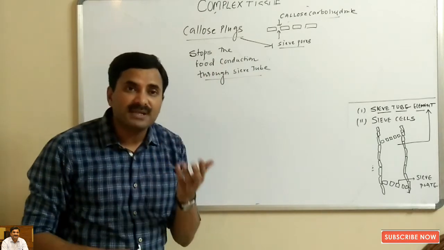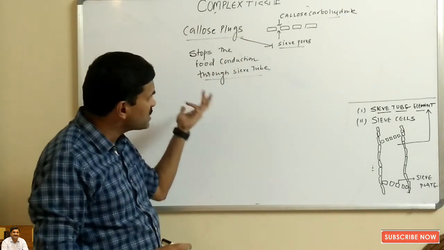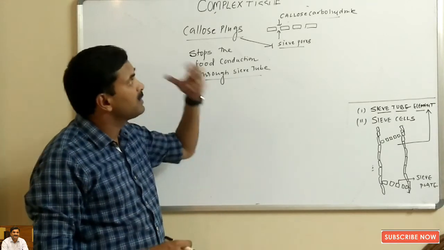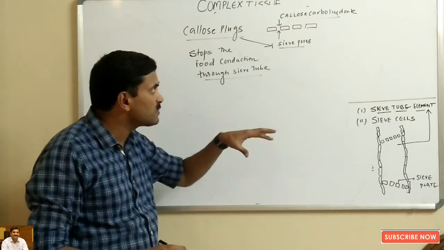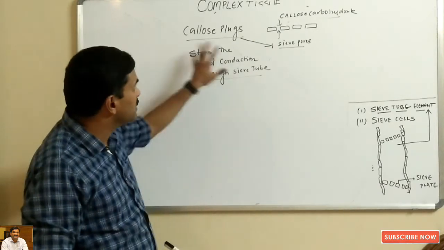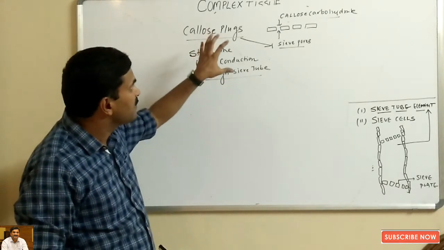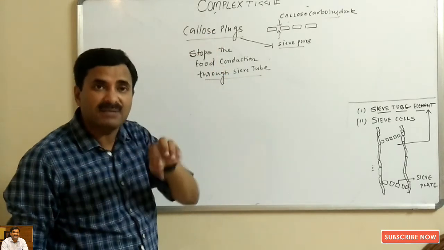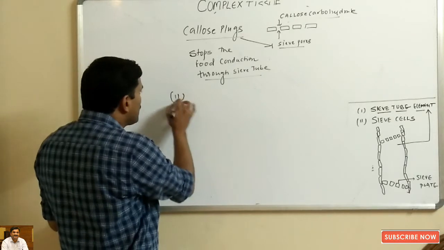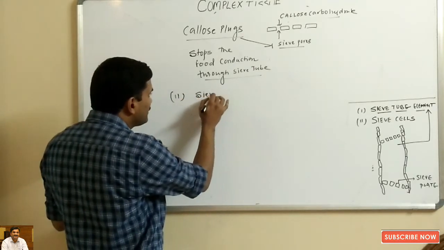As soon as the winter season is over, the summers will come and the temperature will rise. The callose will dissolve, the sieve pores will become open, and the food conduction will happen. So this was all about the sieve tube element.